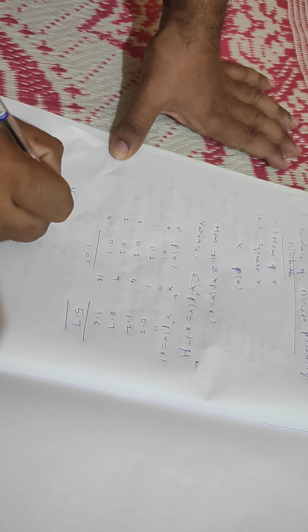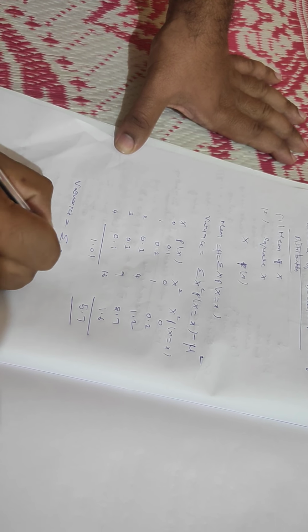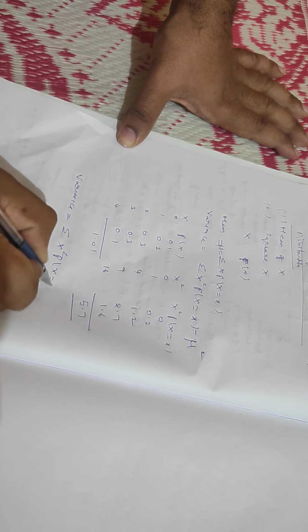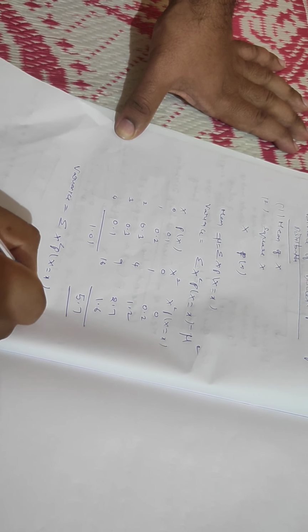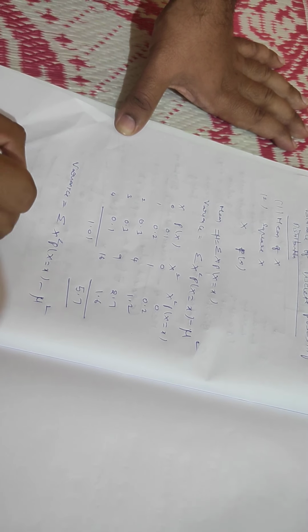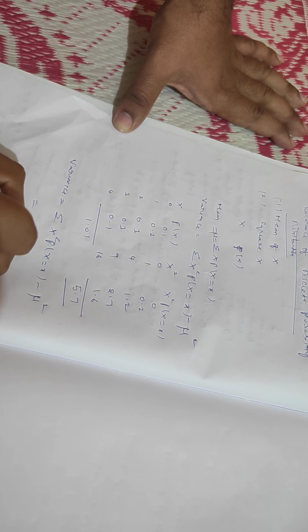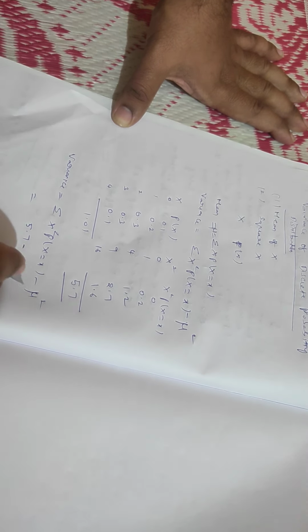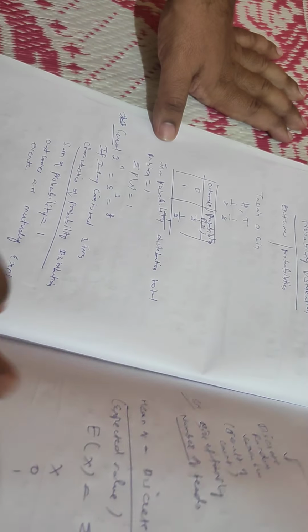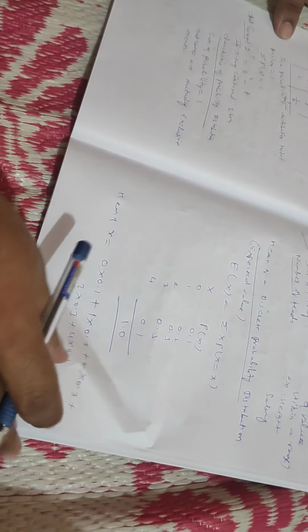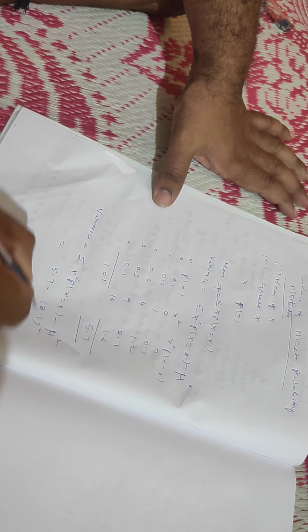So variance formula is sigma x square p of x minus mean square, or mu square. In this case, 5.7 minus, earlier we have found the mean as 2.1. So this is 2.1 square.